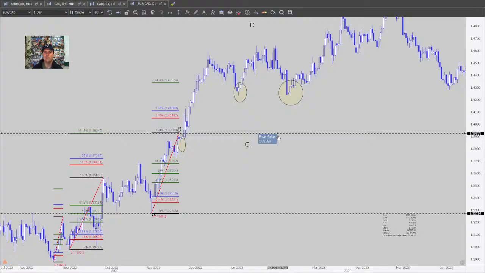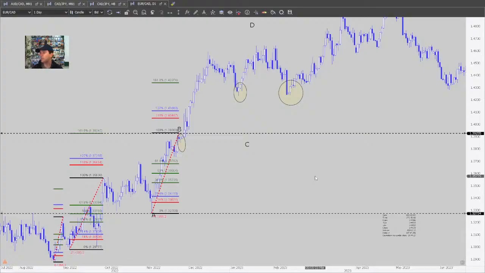See how shallow the retracement is sometimes? Which one is the C? First circle, second circle, third circle.